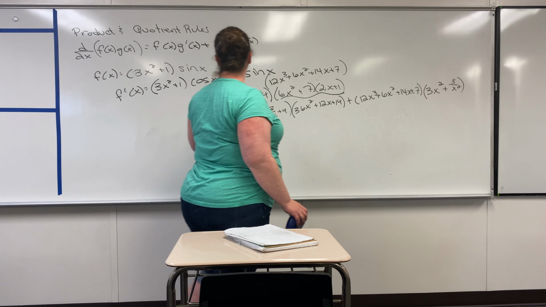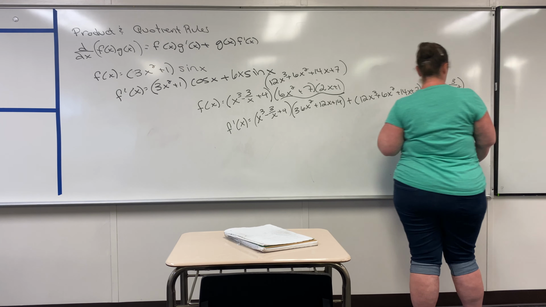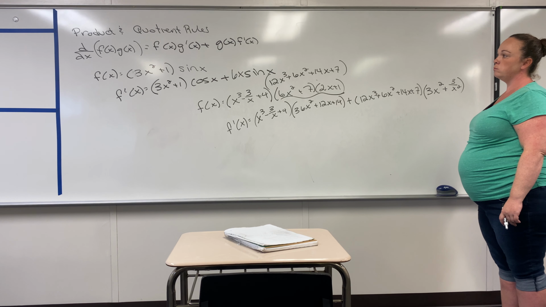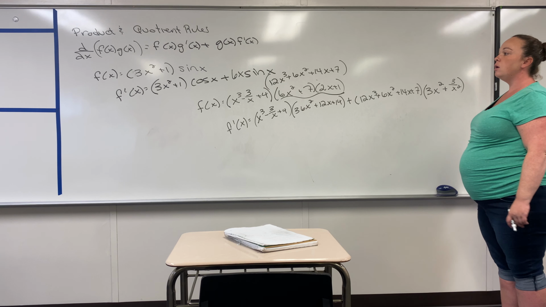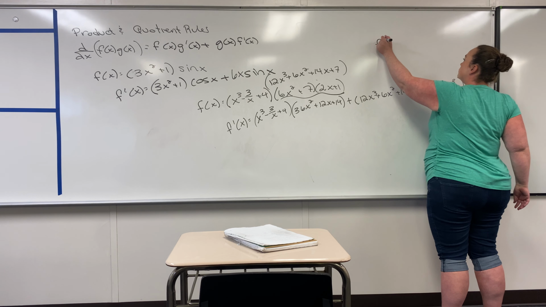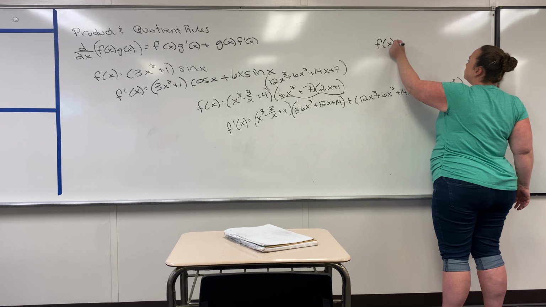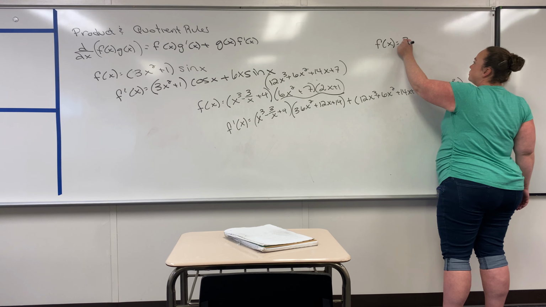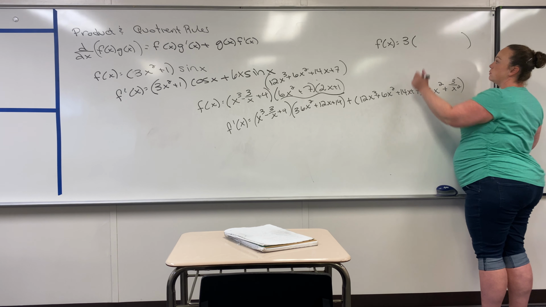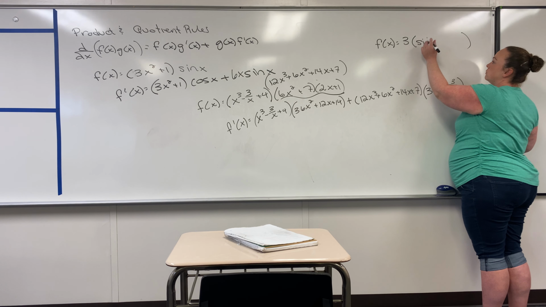Places that you are forbidden to do, well, mostly quotient rule, but in part product rule. Anytime you have a constant times some function, even if it's an ugly function, okay?